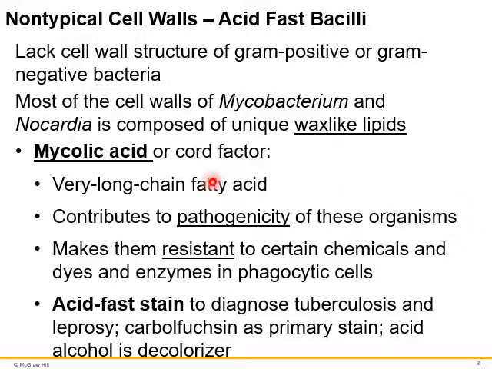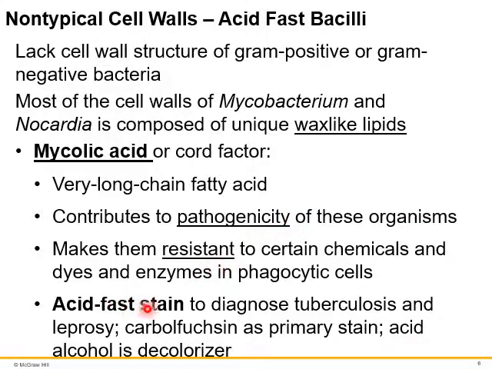So they're very resistant. When you try to select a disinfectant to clean areas where you might have TB patients, you have to consider their hydrophobic nature and find something that will be tuberculocidal, that will kill the tubercle bacillus.